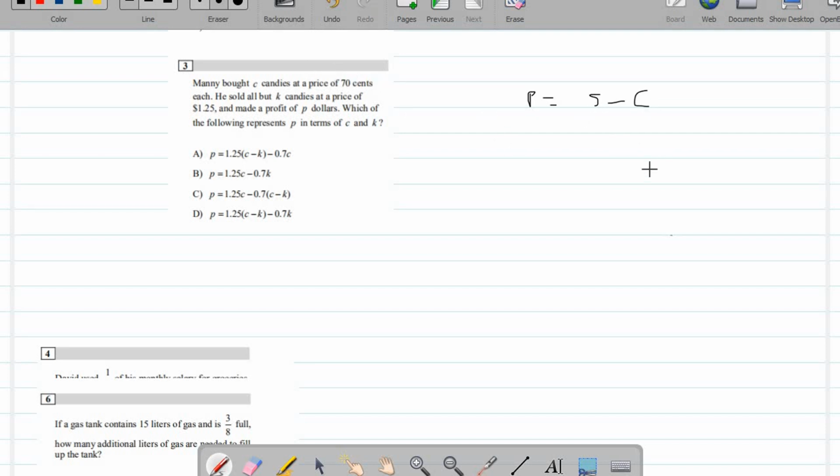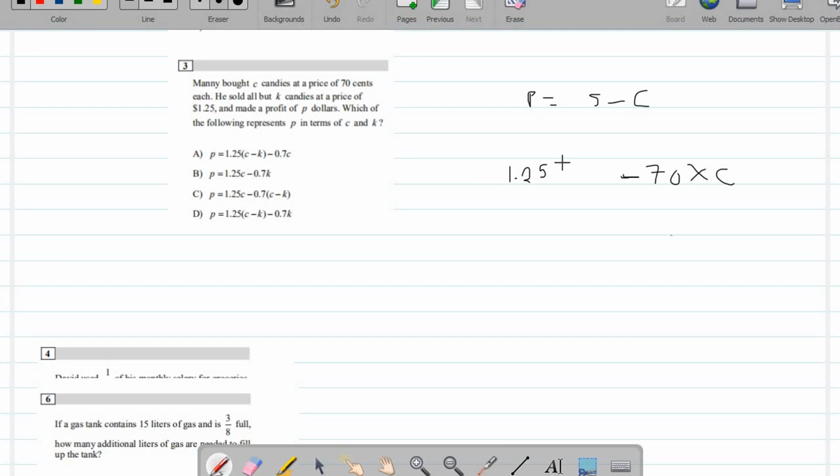So we're going to keep this cost price here, which is 70 times the amount of candies, 70 times C, or 0.7C, since it's dollars we're looking at. Then we're also going to look at the selling price. What's going to be the selling price? She sold at 1.25 of everything, but she didn't sell K candies.